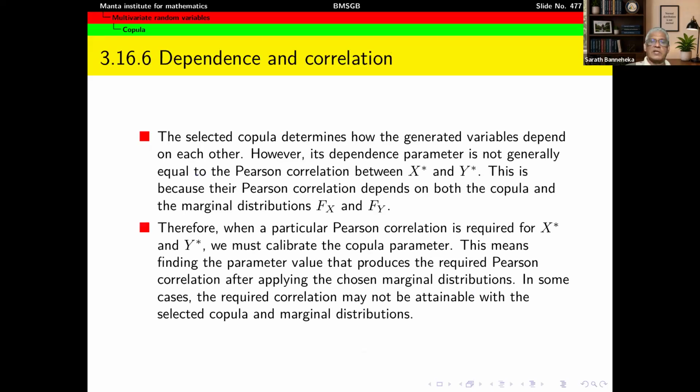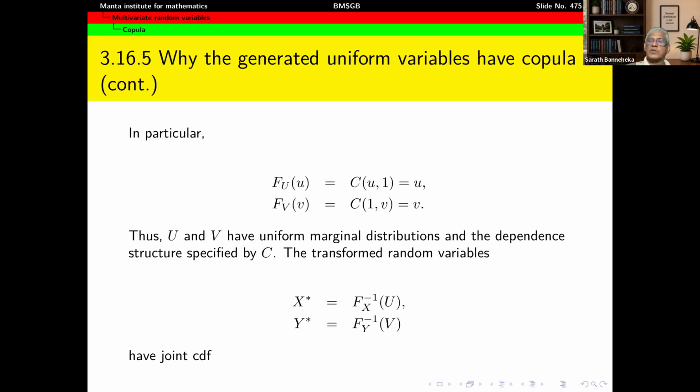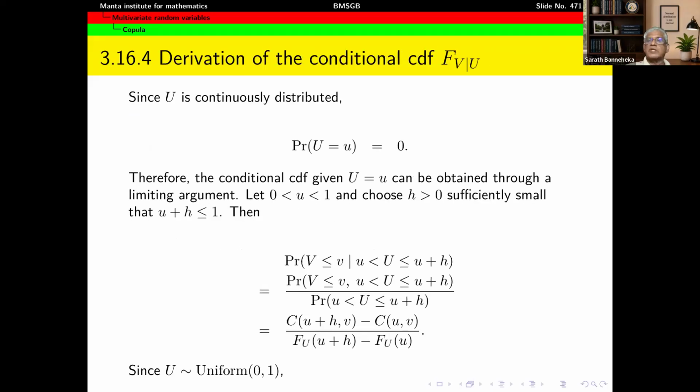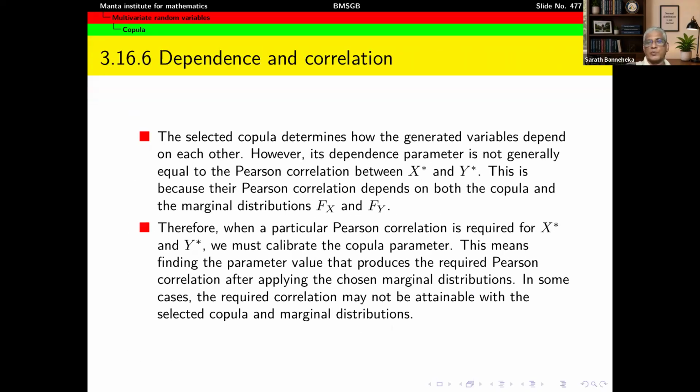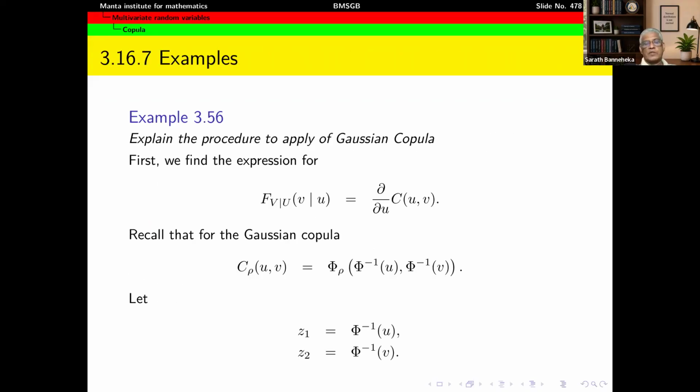Here I explain how to use the procedure for a general selected copula. But now let us assume that the selected copula is the Gaussian copula. Right. We know now the expression for the Gaussian copula. So the Gaussian copula is given by this expression.